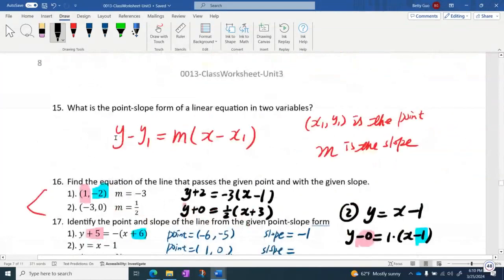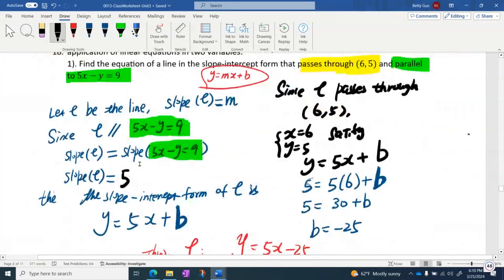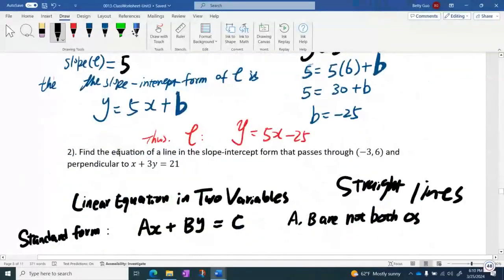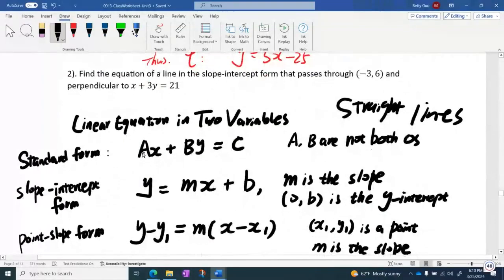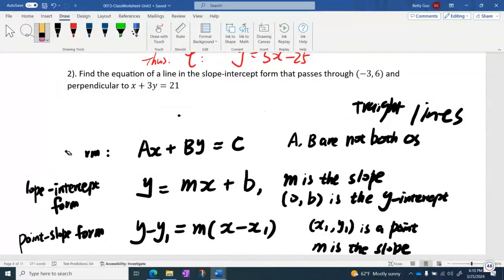We finished question 18 last class, so we are going to look at number 2, the second question, number 18. Let me erase those. Let's read the question. Find the equation of a line in the slope-intercept form that passes through a given point (3, 6) and is perpendicular to x plus 3y equals 21.